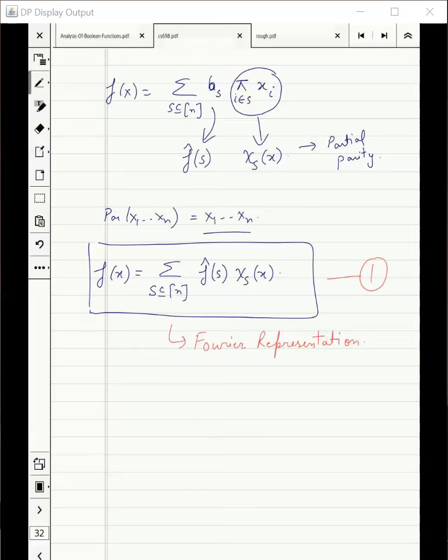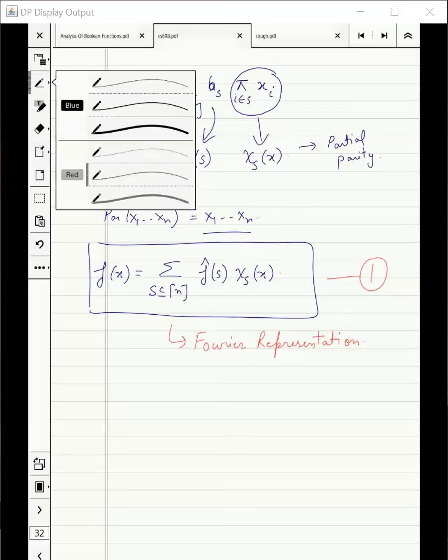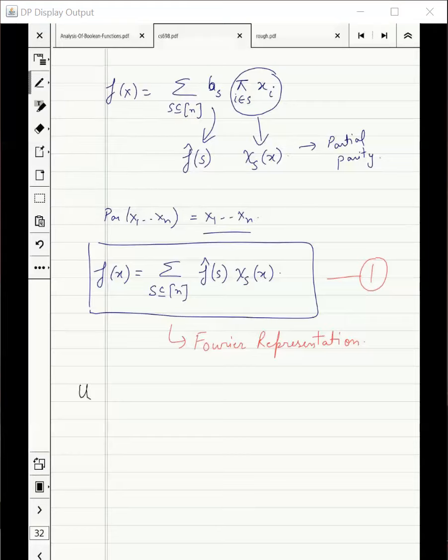This is an important representation, right? And like before, we are going to see its uniqueness, and that will be done by proving this for chi-sx for all s.